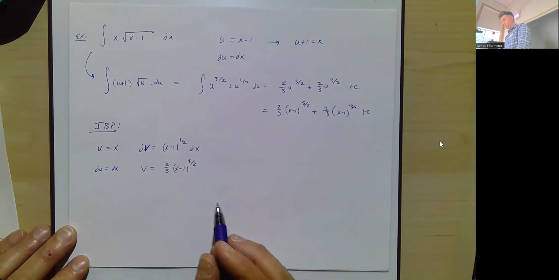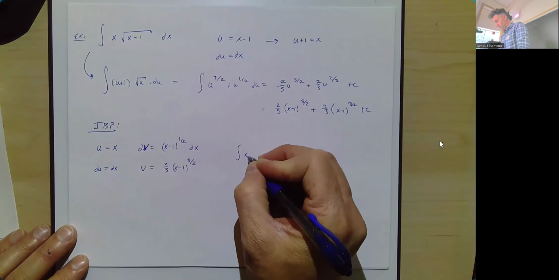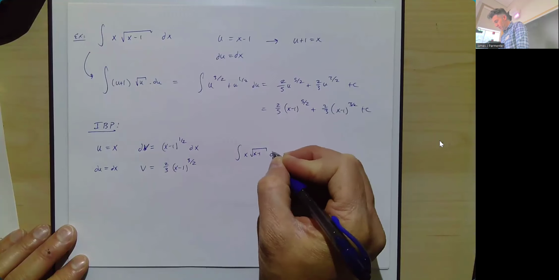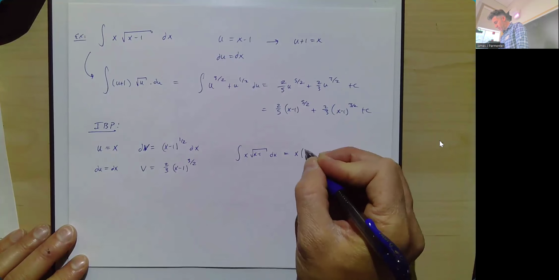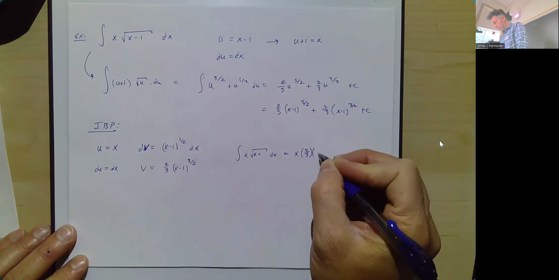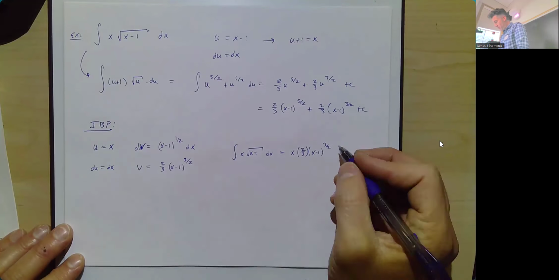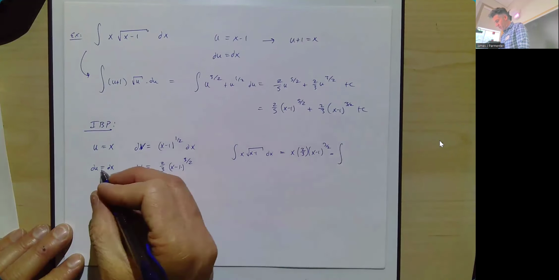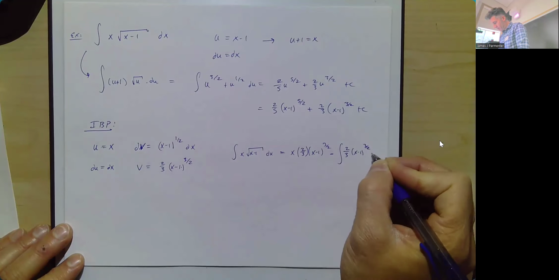Now, throwing all of this into our pattern, the integral of x times the square root of x minus 1 is going to be u times v, so x times 2/3 times (x minus 1) to the 3/2, minus the integral of v du, which is 2/3 (x minus 1) to the 3/2 dx.